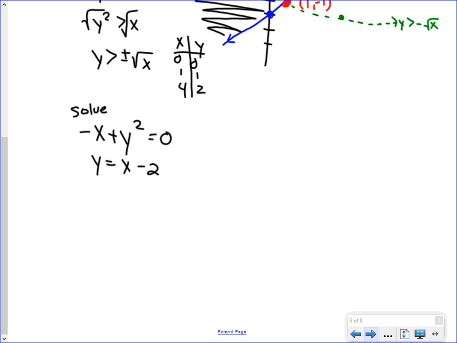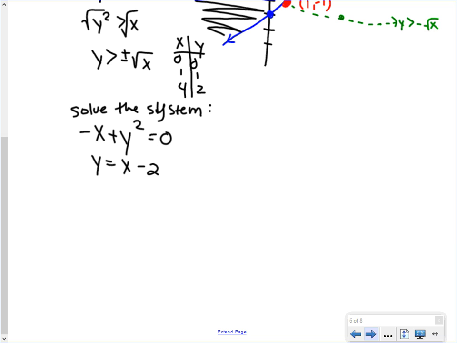So if you couldn't find, just by looking, what the points of intersection were, all you really have to do is solve the system. What would be a possible method to solve the system here? Elimination, substitution. Which one do you think looks easier?